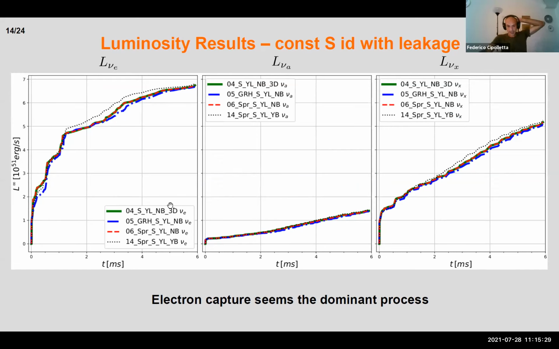We compared the results for the different kinds of luminosity between Spritz and Gen, and again we see good agreement. In addition, as the luminosity of antineutrinos is the smallest one, we ended up saying that electron capture seemed to be the dominant process.